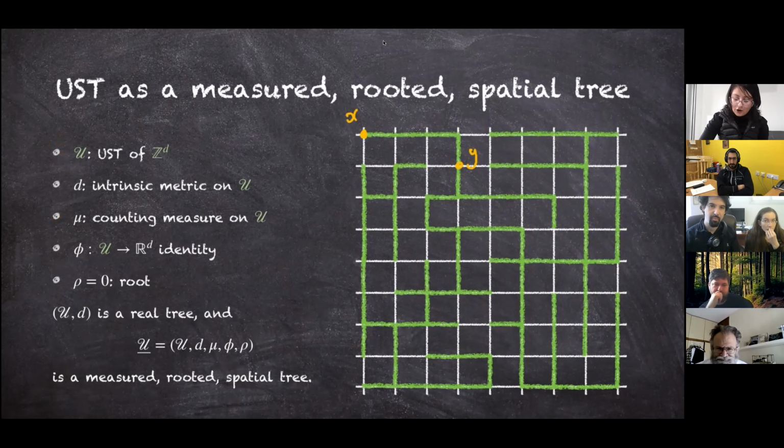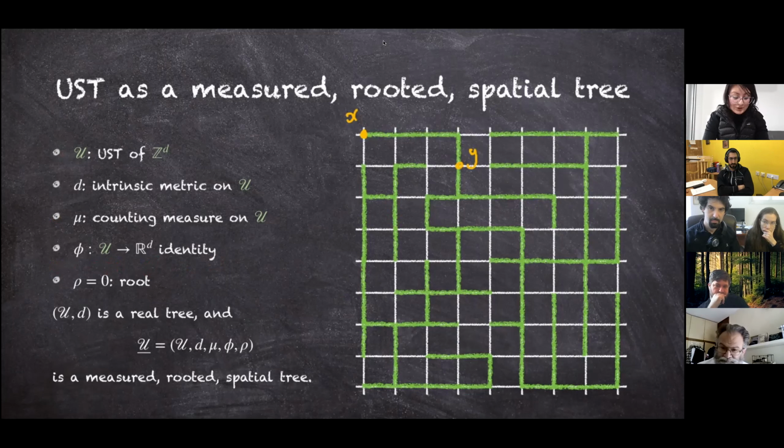So we take the identity over each one of the vertices and interpolate between the edges so that each edge has distance 1. So this gives us an embedding that is continuous from our uniform spanning tree as a metric space U onto R^d.